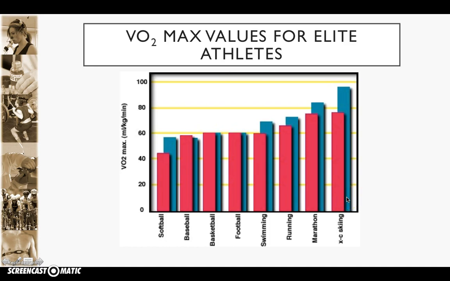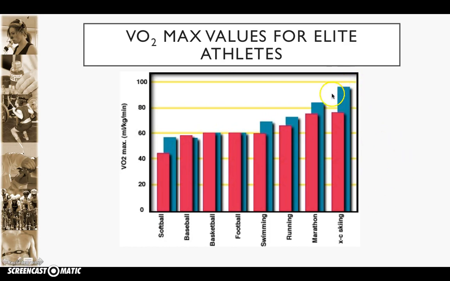In 2012, an 18-year-old Norwegian cyclist reported the highest VO2 max level, which was 97.5 millilitres per kilogram per min. So he would be right up here.